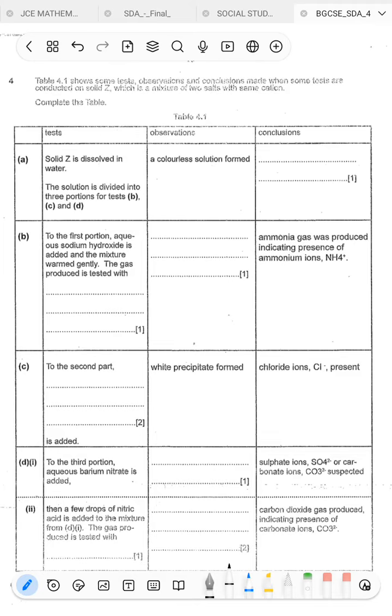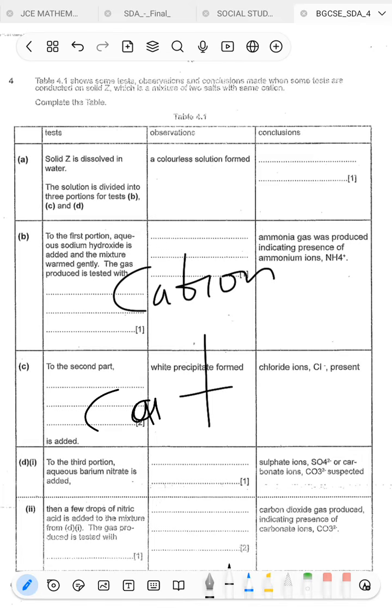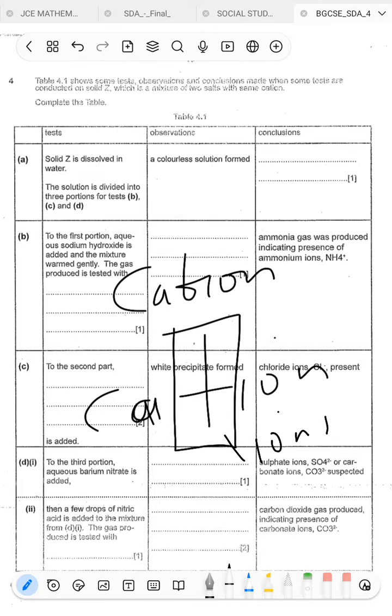What are cations? The way I tell my students to remember this is that there are some people who write T like this. So therefore cations can be written like this. Cations are what? Positively charged ions. So that is going to be all metal ions, as well as ammonium ion.